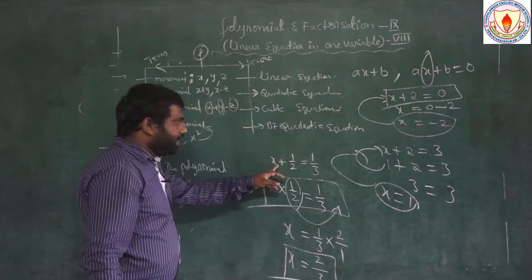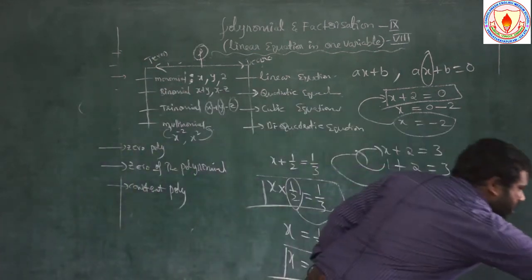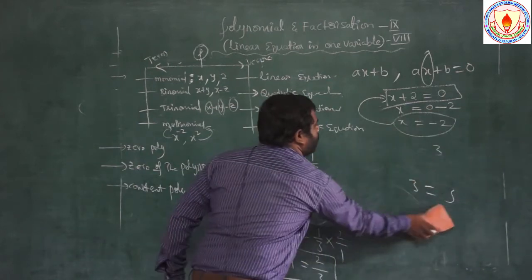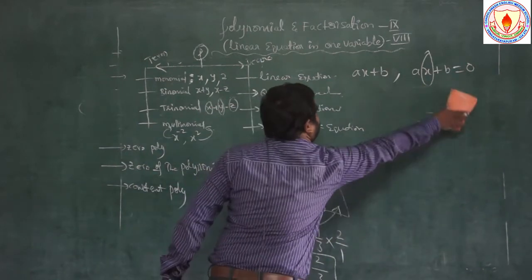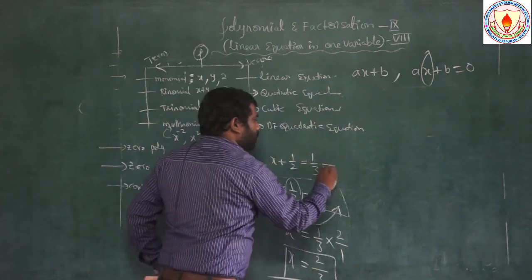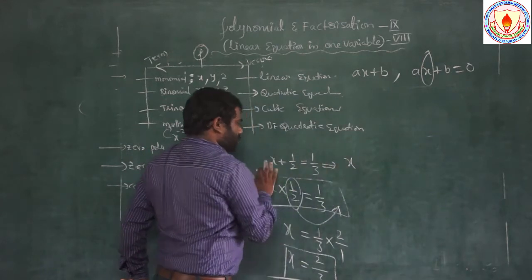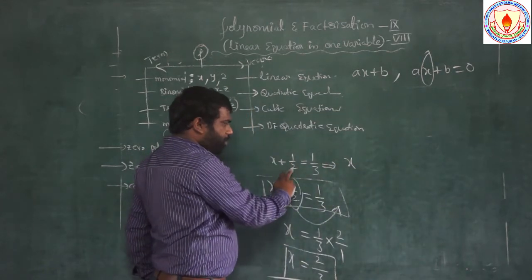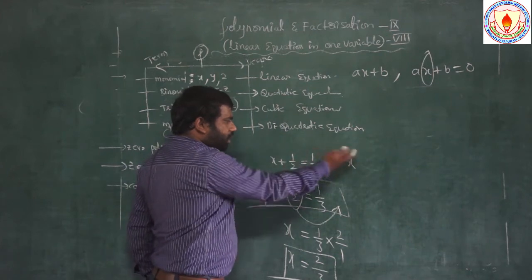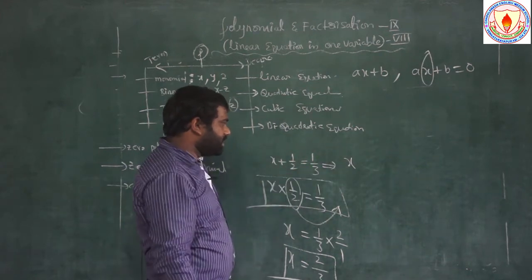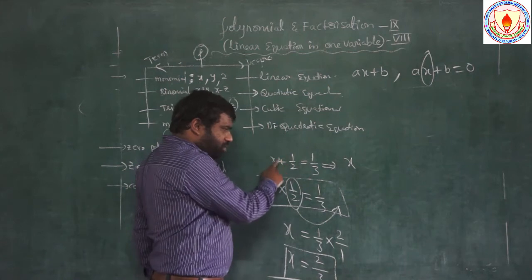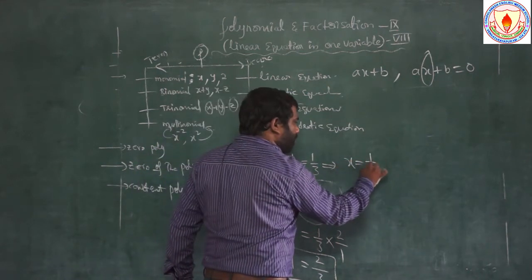Coming to x plus 1 by 2 is equal to 1 by 3. See, we have to find the solution for that. See, x, stop here only. 1 by 2 we have to transpose to the right hand side. Here plus 1 by 2, there already existing 1 by 3.